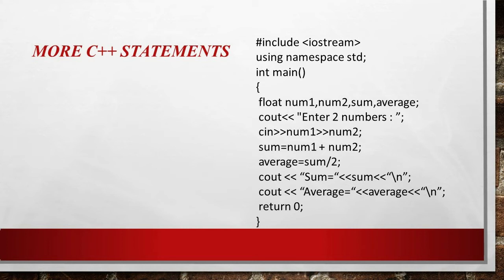The number keyed is placed in the variable number1. The identifier cin is a predefined object in C++ that corresponds to the standard input stream. And the operator we used with cin is known as the extraction or get from operator.